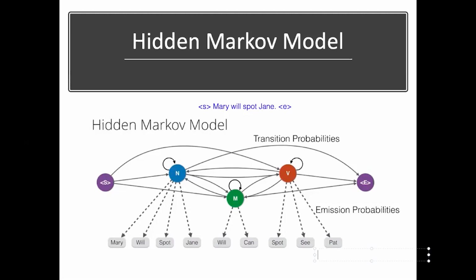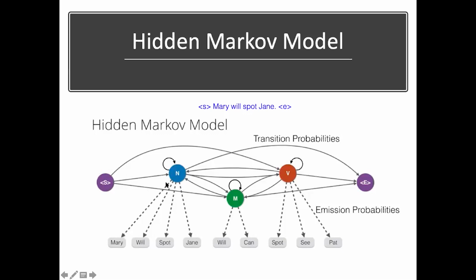So if I try to move from start to Mary, it comes with a certain probability of moving from the start to a noun state.